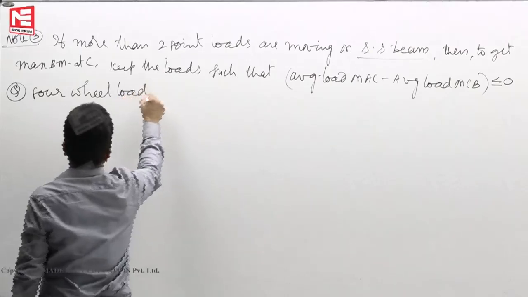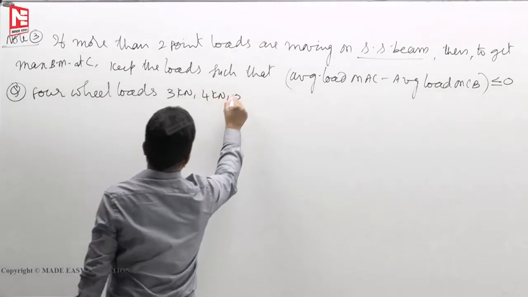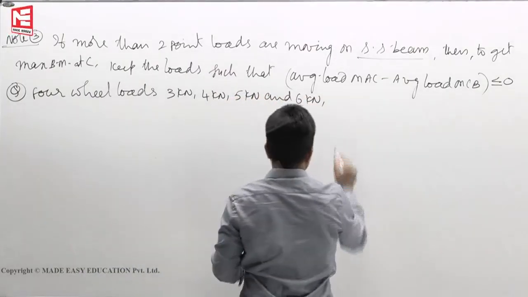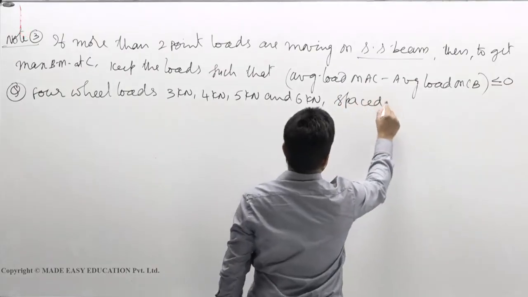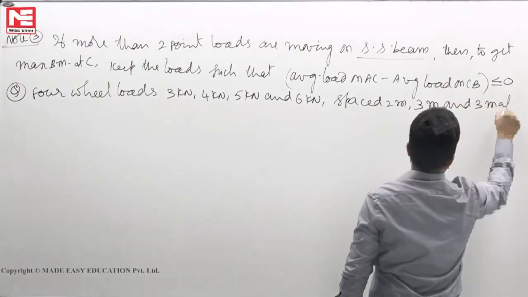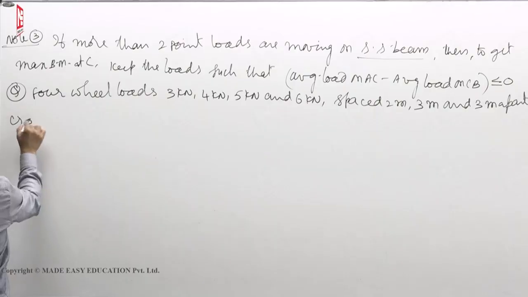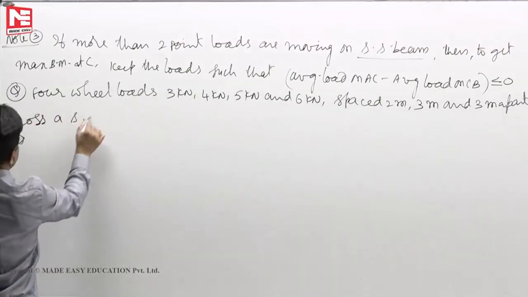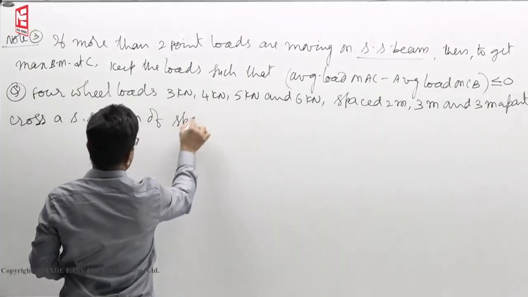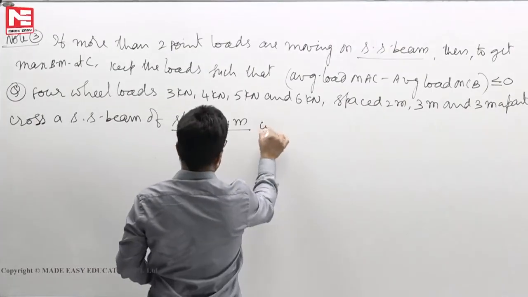4 wheel loads, 3 kilonewton, 4 kilonewton, 5 kilonewton and 6 kilonewton, spaced 2 meters, 3 meters and 3 meters apart, cross a simply supported beam of span 24 meters with 3 kilonewton load leading.